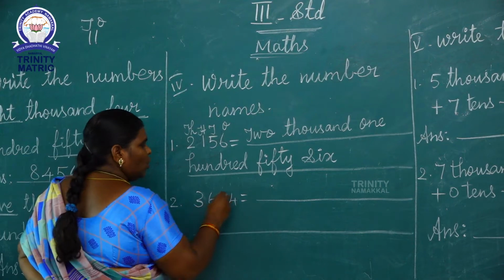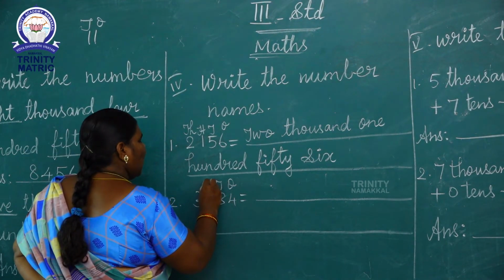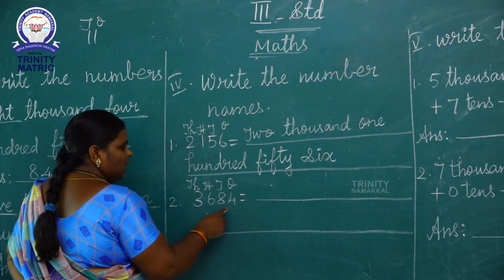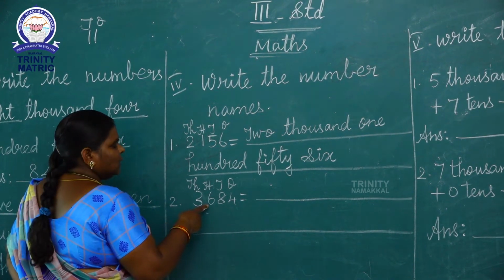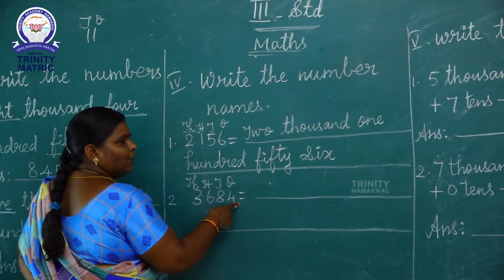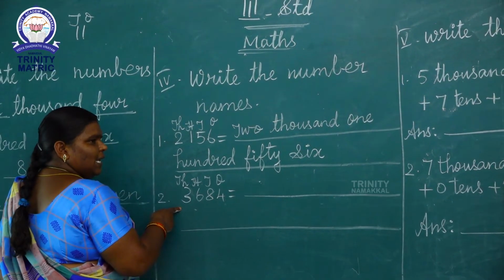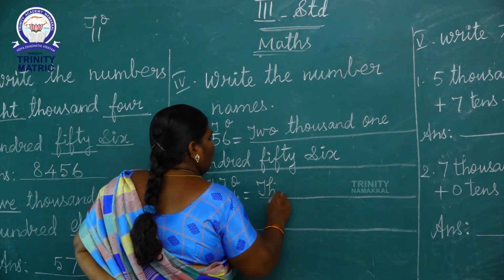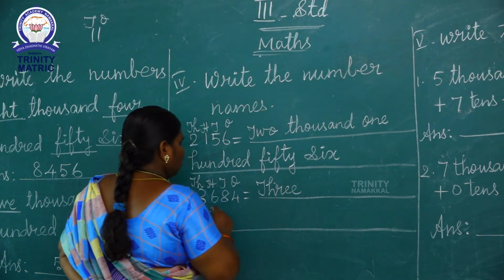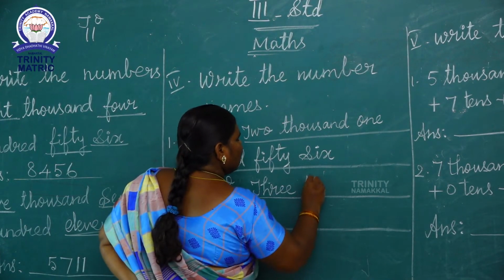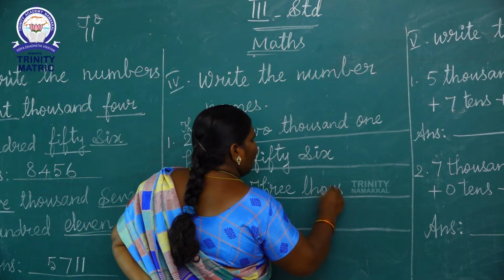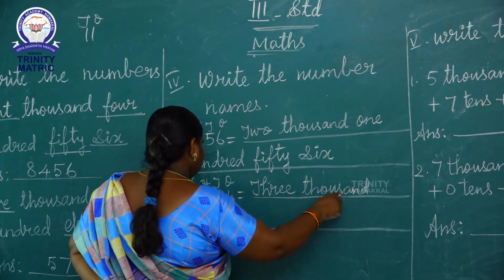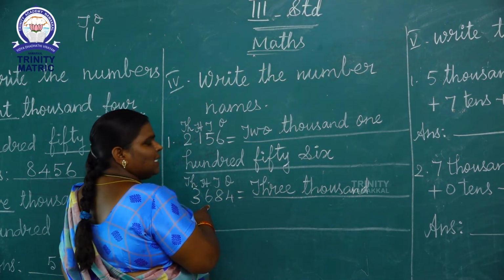Write the place value: ones, tens, hundreds, thousands. Okay, read this number, 3684. How many thousands are here? 3000. So you write three thousand. How many hundreds? 6 hundreds.